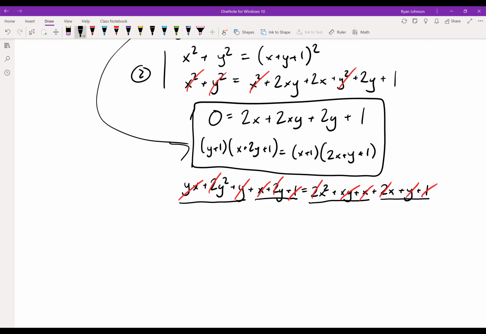What am I left with? I'm left with y squared plus y equals x squared plus x. So that means that, let's see. It's definitely simpler. Simpler how? So y times (y plus 1) minus x times (x plus 1) equals 0, I guess.